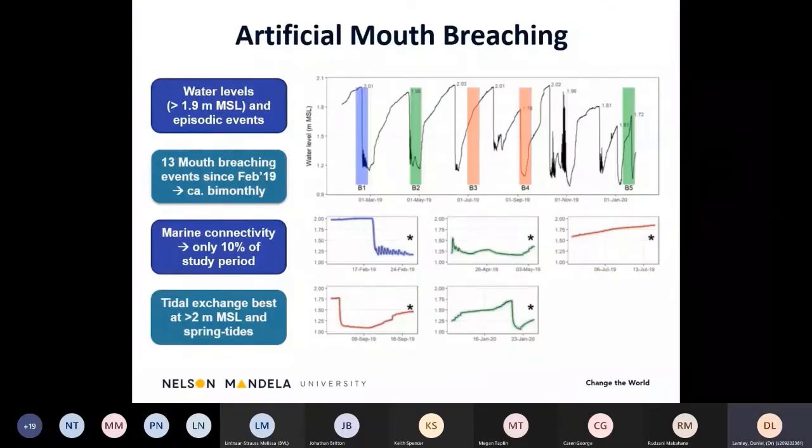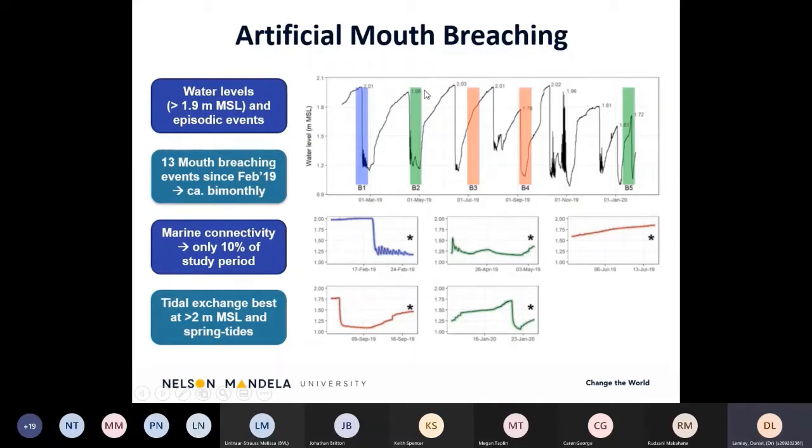The first thing to look at is, as I mentioned, the system is breached frequently. The mouth management plan, I think, says that once it reaches 1.9 meters within the estuary, that is the level at which breaching should occur. If you look at, I don't know if you can see my arrow on the screen, this is the seasonal sampling, and this is actually a paper that we've now published.